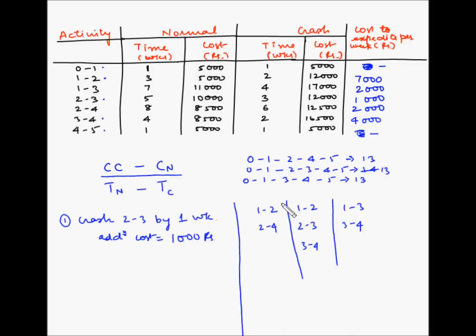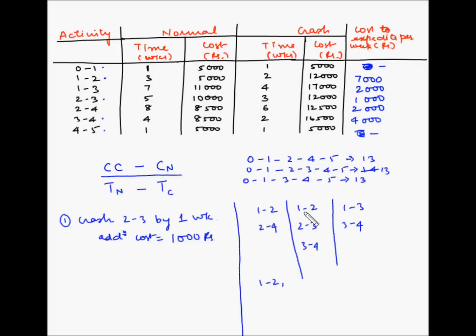So what we'll do is, first we'll take 1 2, and the second is also common, 1 2, and then we'll take 1 3 and then 3 4 and so on. So let's do this. So first we'll take 1 2 from this path, so 1 2.